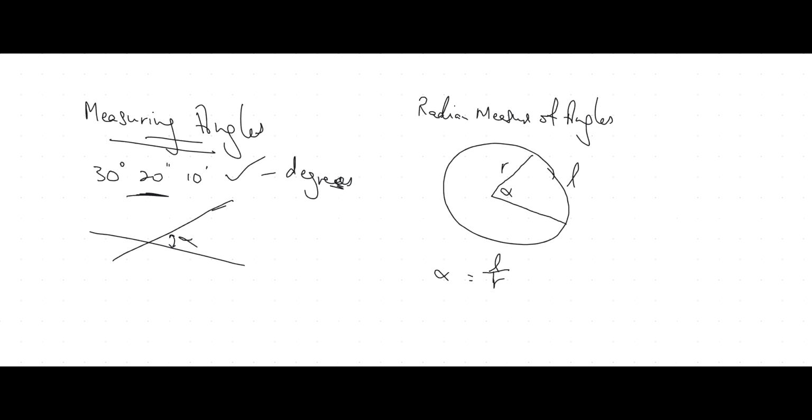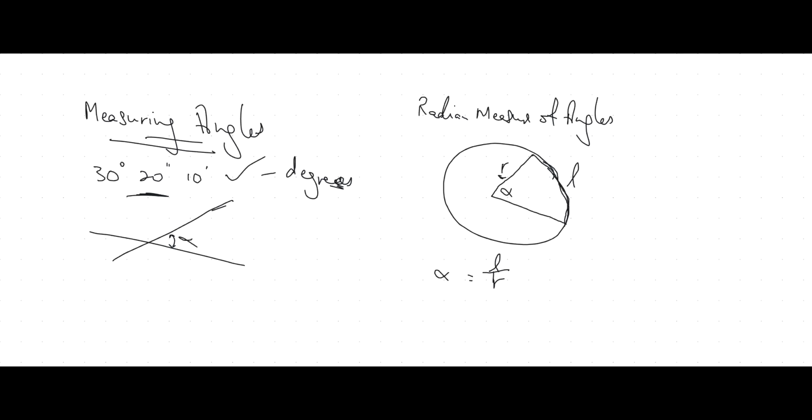It's the ratio of the length of the arc over the radius, right? And whatever that works out to be is the angle in the center here. But you no longer refer to it as alpha degrees, but alpha radians.